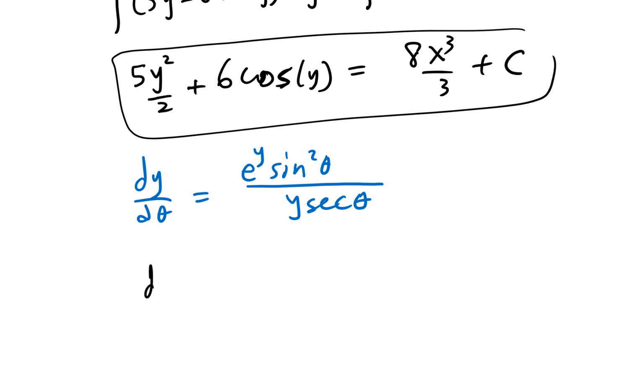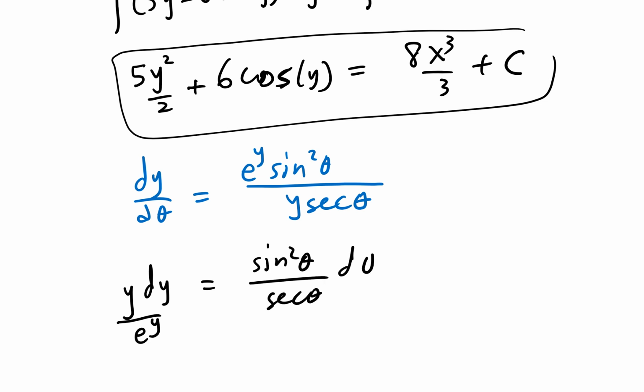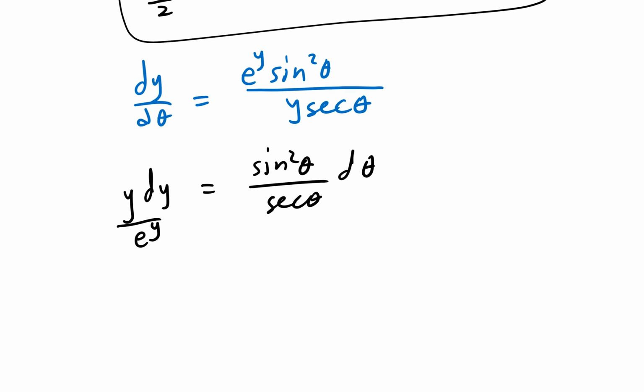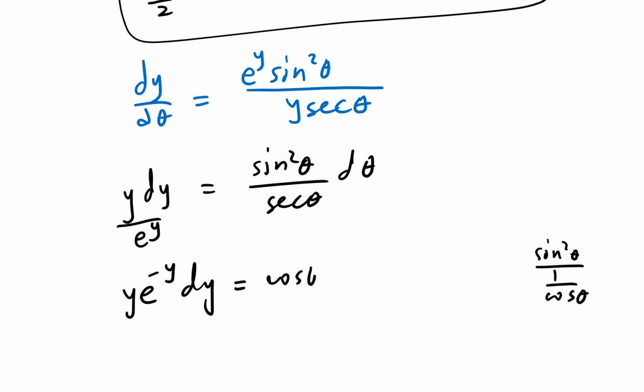To do the separation, we bring the y on this side and the e to the y down, keep the sine squared theta over secant theta as they are, d theta. So on the left side we bring the e to the y up, it becomes negative exponent, and we know that secant is 1 over cosine, so that becomes cosine theta sine squared theta d theta.